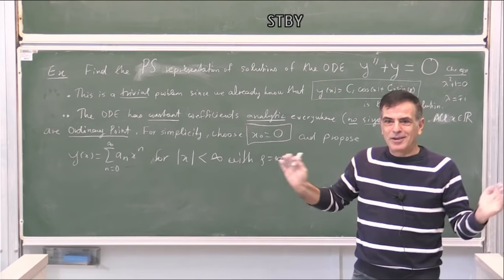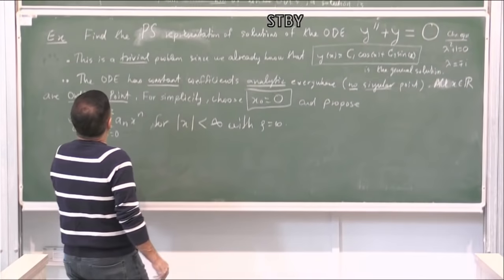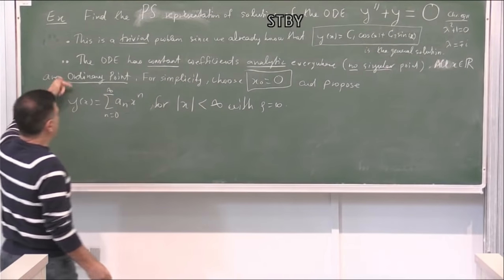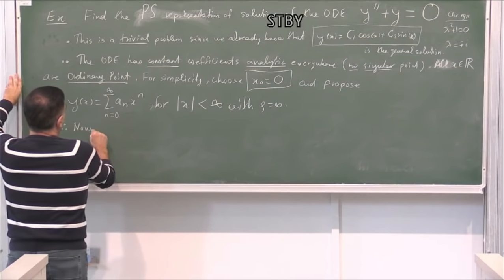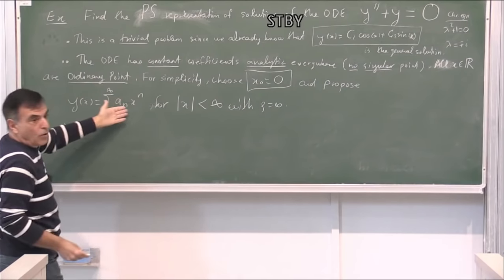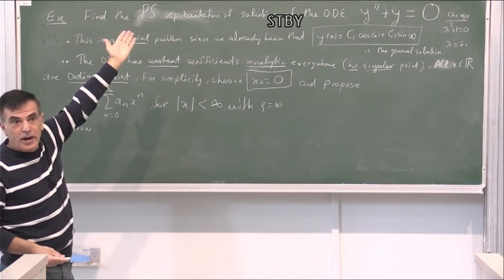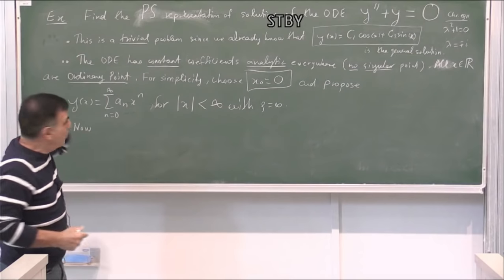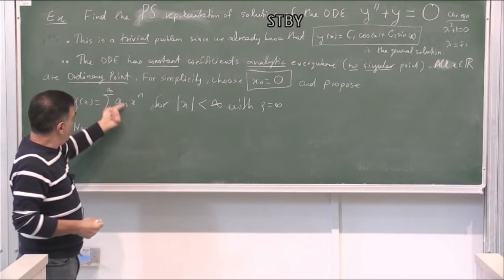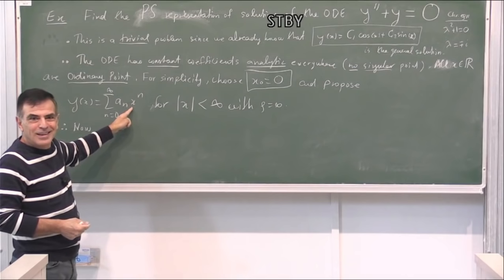Good? So, the only thing which remains now, we have to look for another differential equations. When we choose x0 equal to 0, we propose a solution of the same type. Okay?